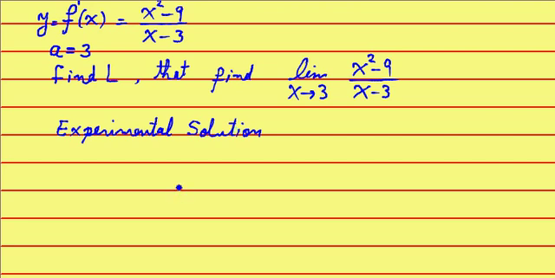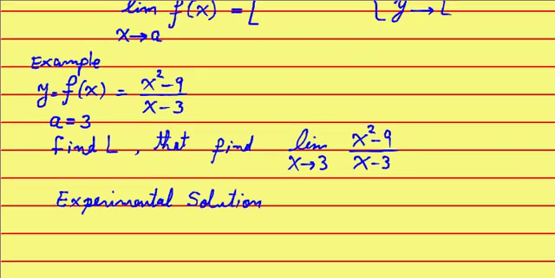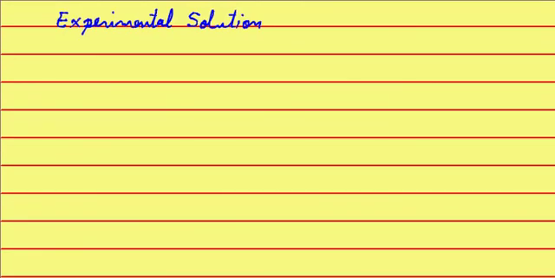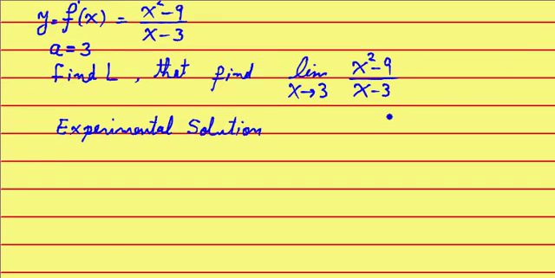The concept that we have to follow is explained here. We want to see what happens as x goes close to 3, what happens to y. Remember, y is just this expression.